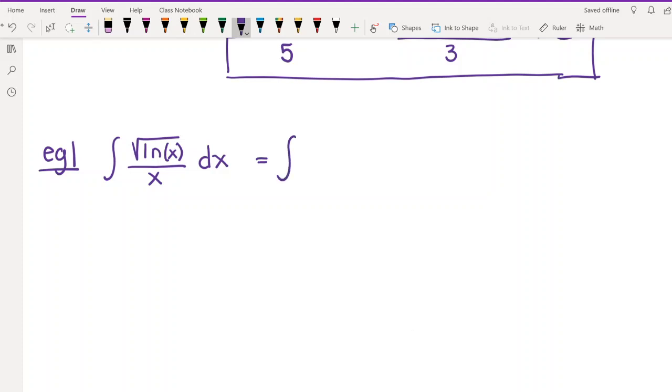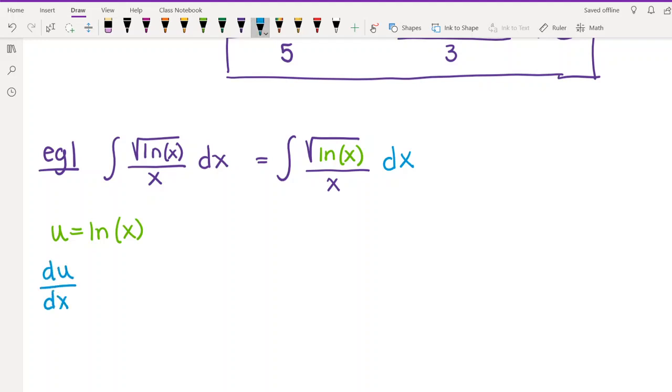So we're going to be substituting out ln of x, and we'll see that the 1 over x part will get canceled out because of the derivative. So if we let u equal ln of x, then we have du dx equal to 1 over x.